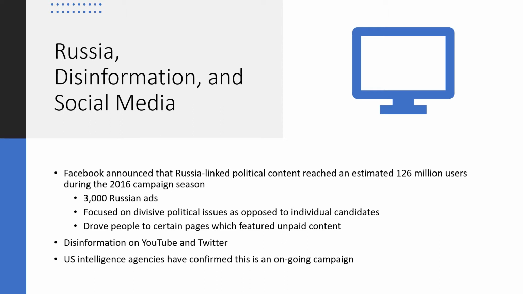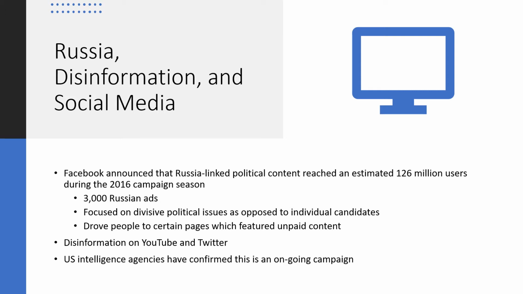But during that election cycle, Facebook found that there were over 3,000 ads linked to the Russian government on Facebook that contained inaccurate information, and that reached at least 126 million users. A lot of these ads really focused on divisive political issues instead of individual candidates.